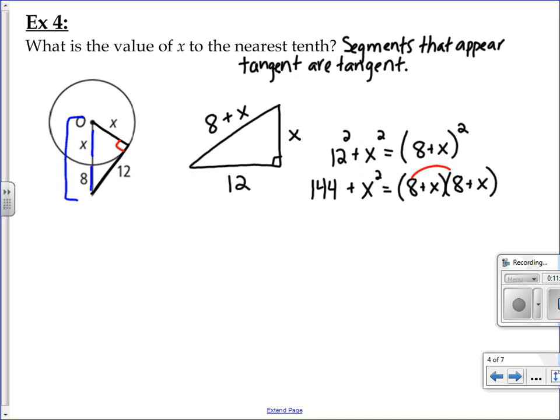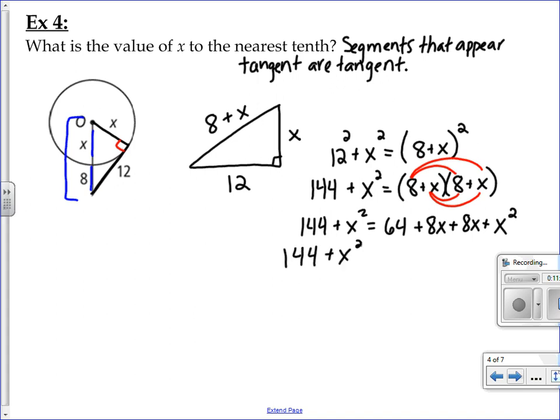So I'm just going to take turns. I'm going to do 8 times 8, which I know is 64. Then you can do 8 times x, which is 8x. Then we'll do x times 8, which is again 8x. And then x times x, which is x squared. Okay, so let's combine our like terms.